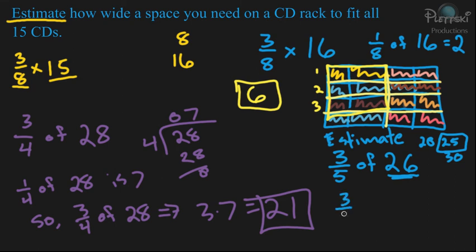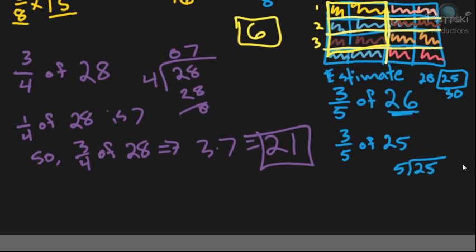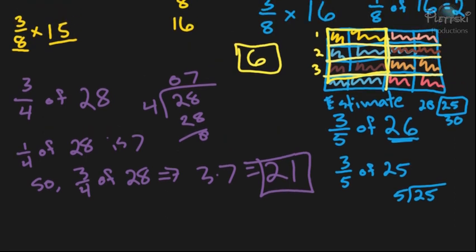So what we're really going to look at is 3/5 of 25. Now all we have to do is figure out what 1/5 of 25 is, and then multiply it by 3, because we want 3 of those. Well, 1/5 of 25 you get by dividing 25 by 5. So 25 divided by 5 is going to be 5.